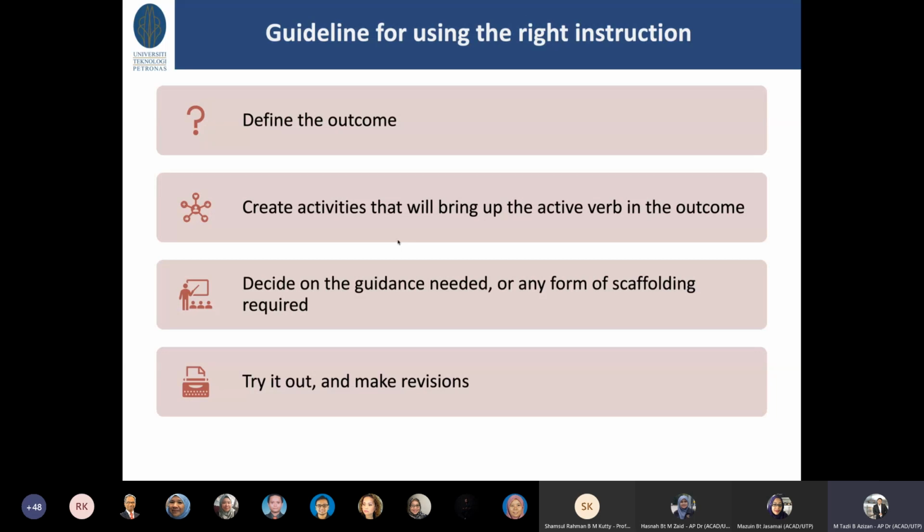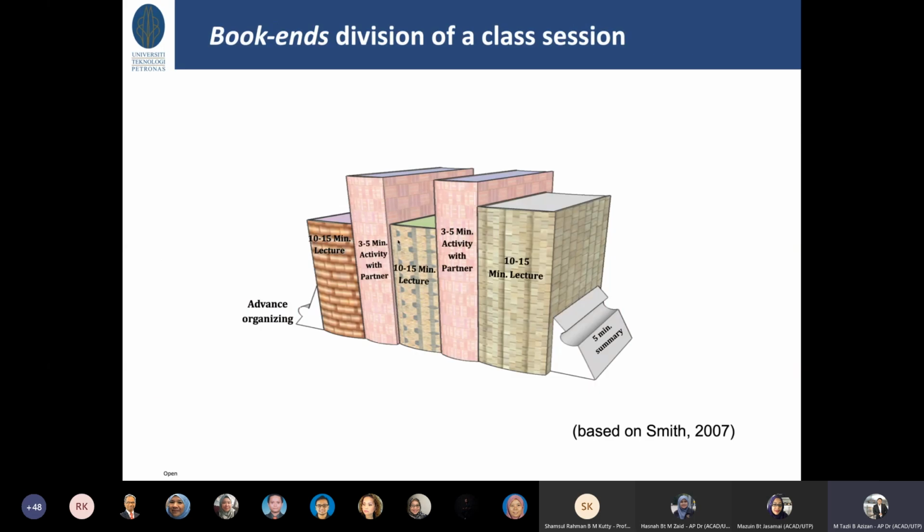So this is some guideline for us to decide what activities or things we could do during the live session. If you could recall, this is the thing that we shared with you during our workshop on active learning. This is what we call the Bookends division model.